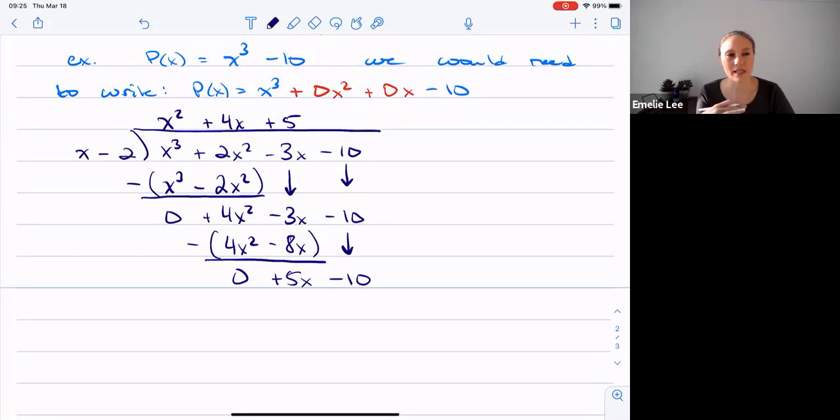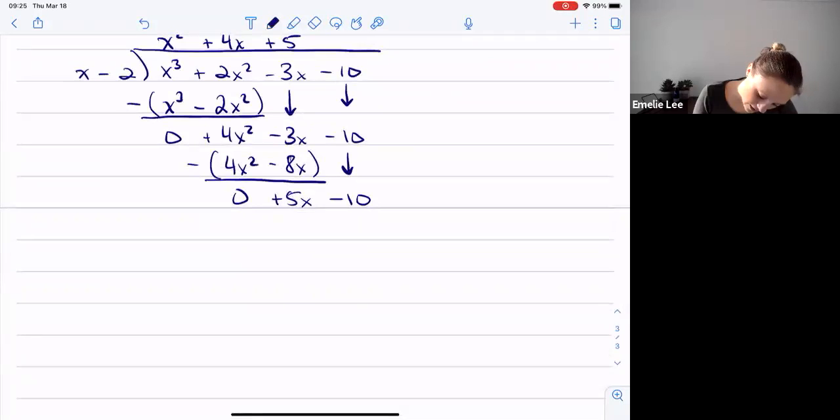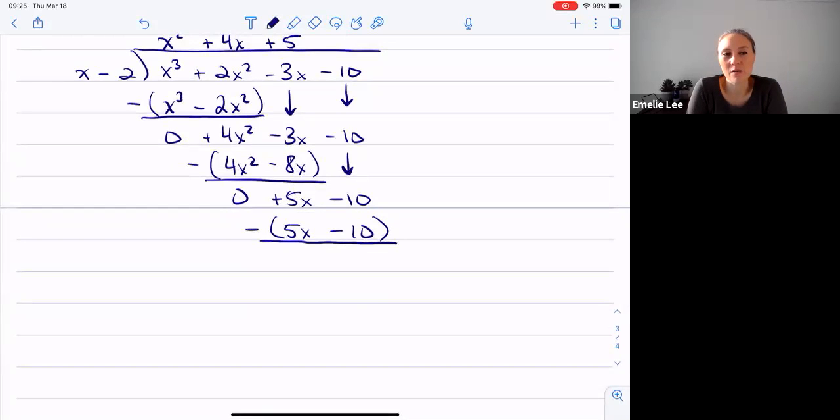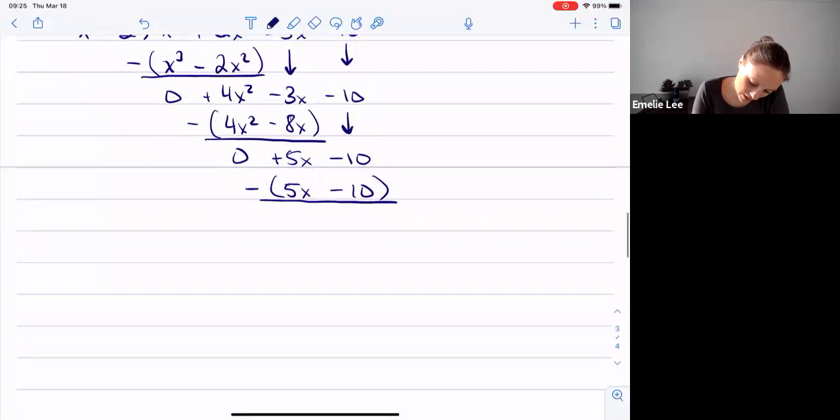Now when I multiply that down, 5 times x minus 2 puts me at 5x minus 10. Looks familiar, right? So now I have 5x minus 10 minus 5x minus 10, which looks pretty good to me. So I have 0 plus 0.